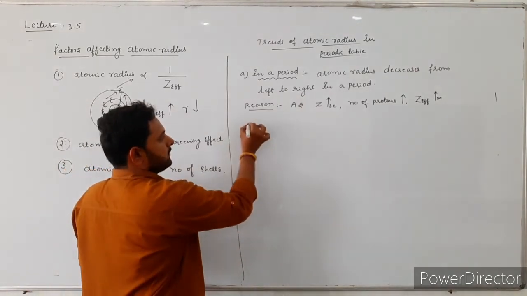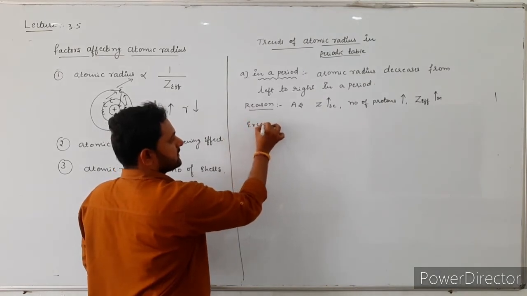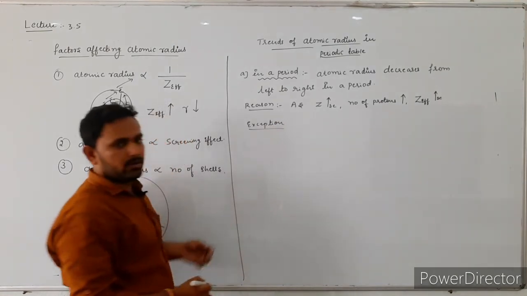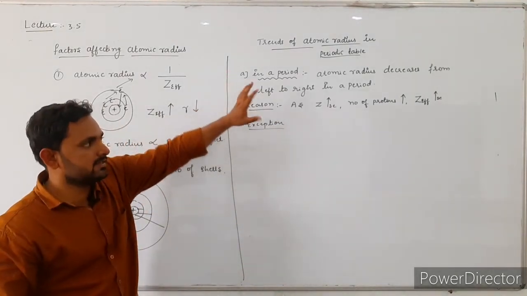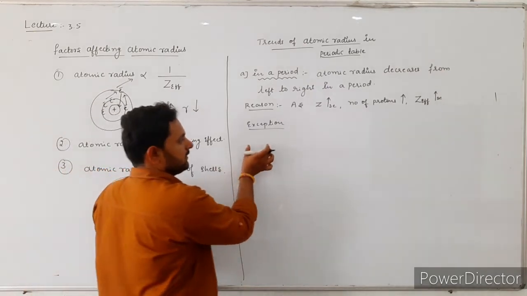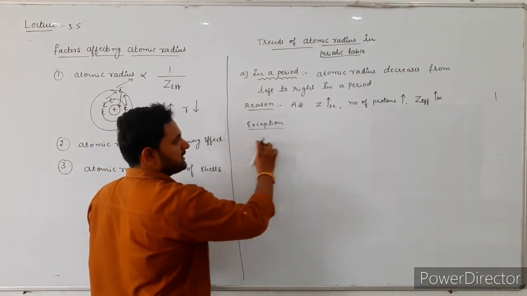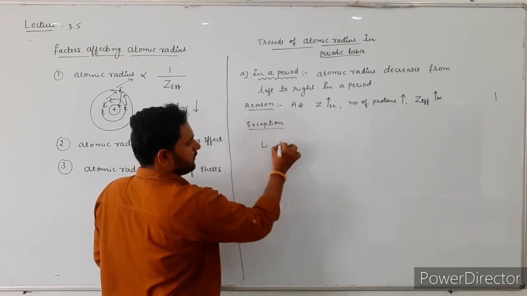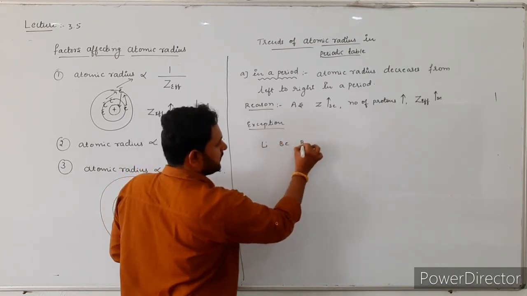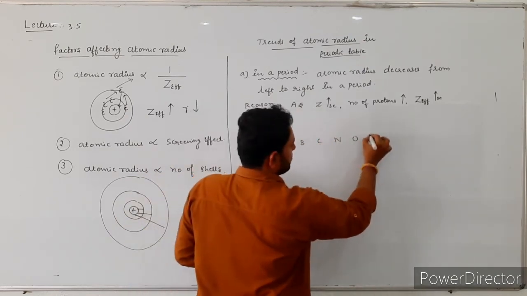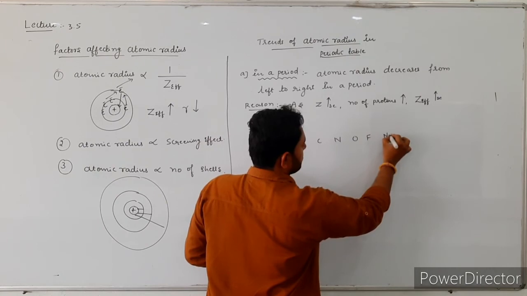Next, but there is an exception case. Exception. According to general trend, atomic radius decreases from left to right. Now I will write the atomic radius for all the elements in the period: lithium, beryllium, boron, carbon, nitrogen, oxygen, fluorine and neon.